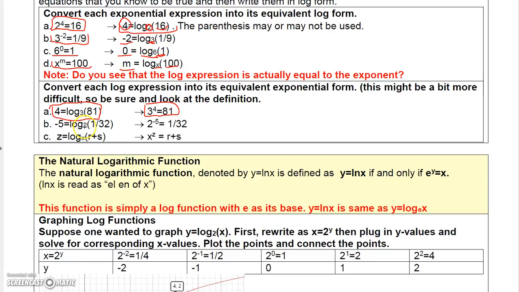This says 2 to the negative 5th power equals 1/32. The first two you can see are true. The last one you can't really decide whether it's true because you don't know what the variables are, but this says x to the z power equals r plus s. So that's how you write from log to exponential form.